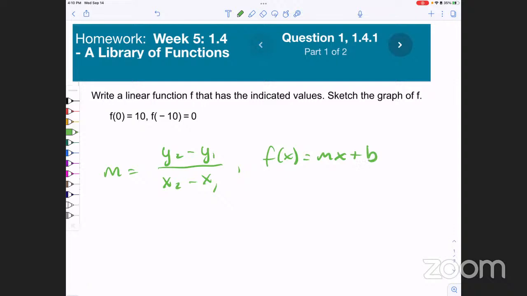So let's list out the ordered pairs, or the information that was given. When x is 0, y is 10. When x is negative 10, y is 0. Okay.